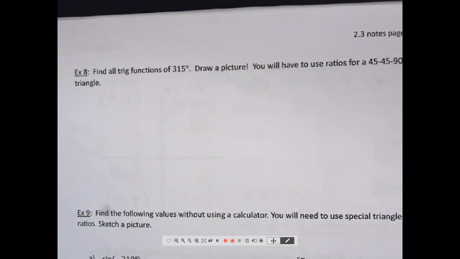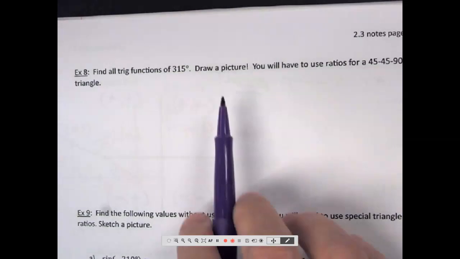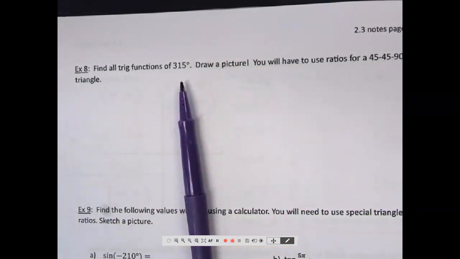Okay, find all trig functions of 315 degrees. Draw a picture. You will have to use ratios for a 45, 45, 90 triangle. I'll explain this little part in a minute. If I rotate 315, which quadrant am I in? 315 degrees.